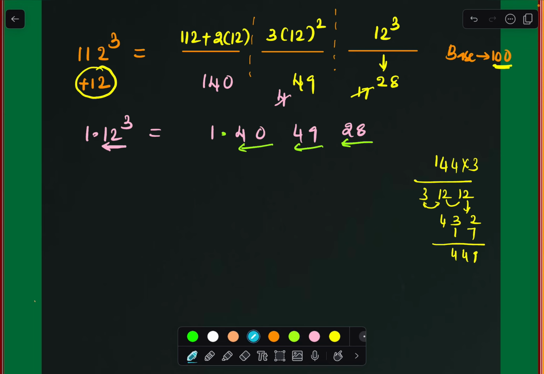Now I can calculate directly, right? Just see this one alternately. Six digits accurate calculation is not required. We know that 1.12 whole cube is there. First of all, forget about the decimal, right? Calculate it normally. So three places we have to calculate, right? For the decimal we are not assuming it; it is 112 type only, right?